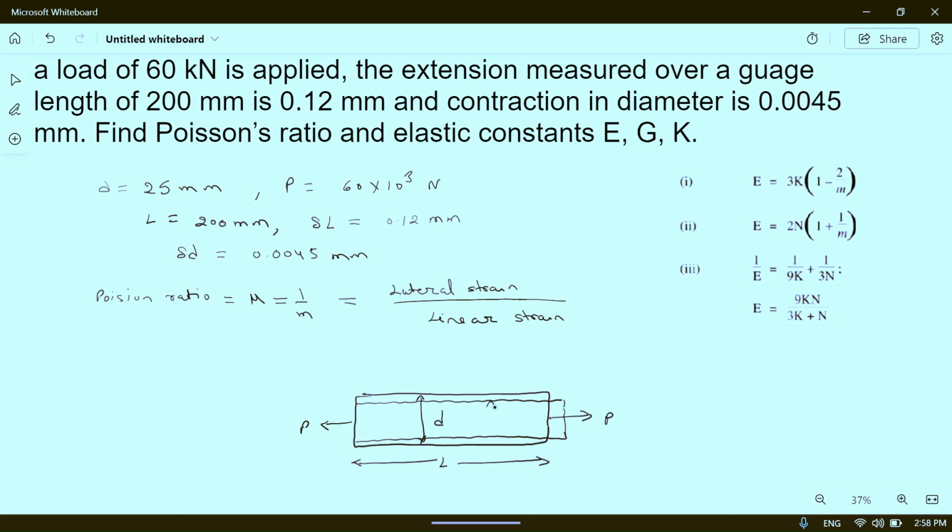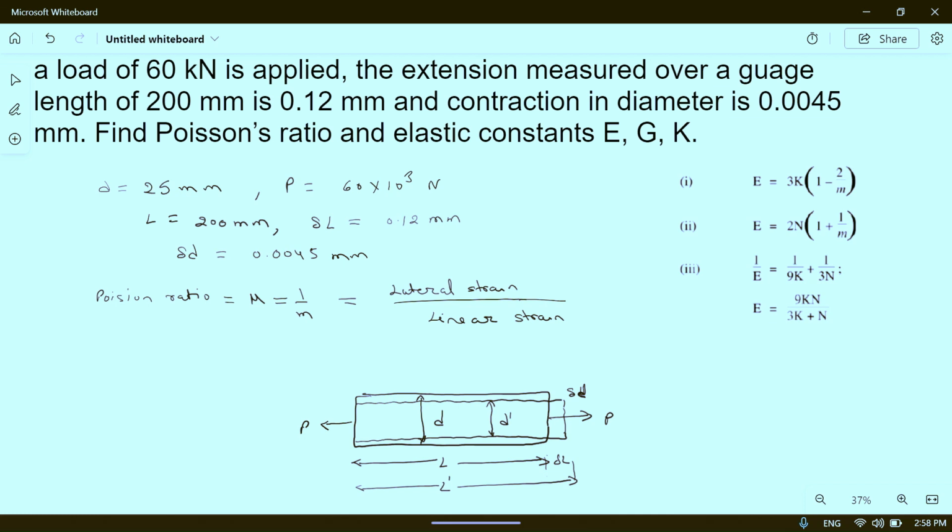So this is the final diameter, D dash, and this is the final length, L dash. The difference between L dash and L is delta L, which is the increase in length, and the difference between D and D dash is delta D, which is the contraction in the diameter.